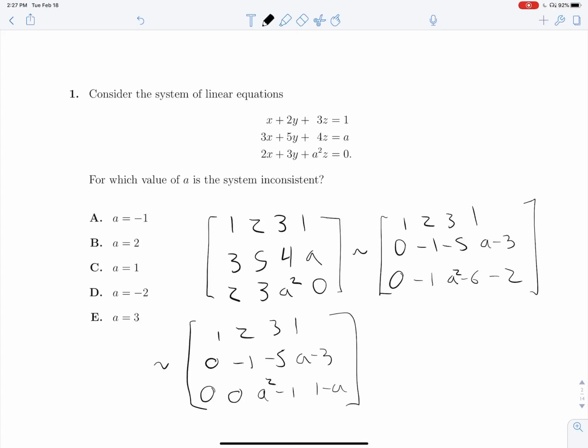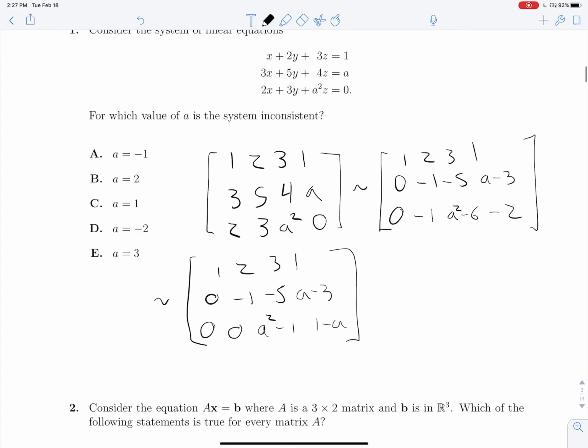And we see that if we plug in a equals -1, this last row will become 0, 0, -1 squared minus 1 is 0, and 1 minus -1 is 2. And this is inconsistent right here. This is saying 0 x1 plus 0 x2 plus 0 x3 is equal to 2, which doesn't make sense.